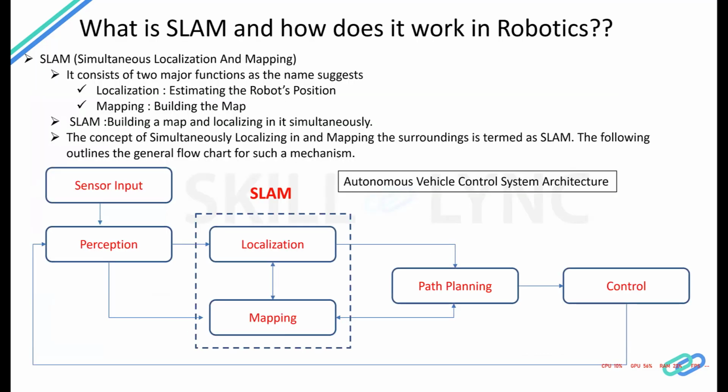Okay, so that is exactly what is happening here from a flowchart perspective, wherein you're getting a sensor input, you're perceiving the system, and you're perceiving the environment around you.